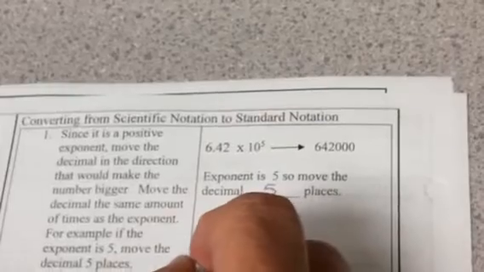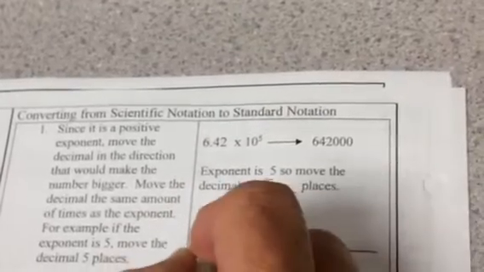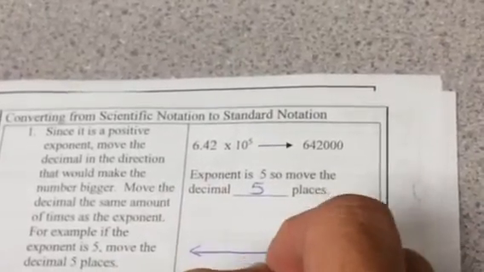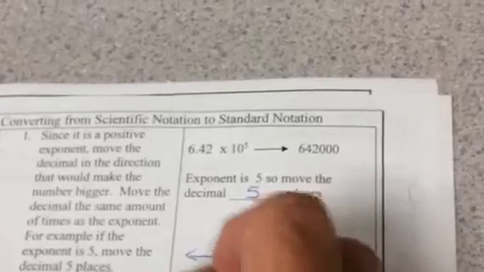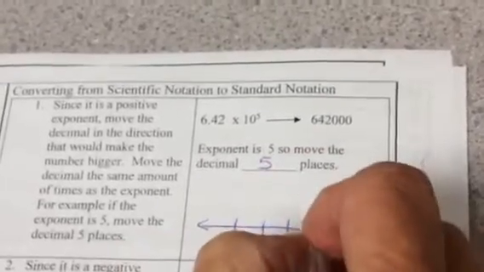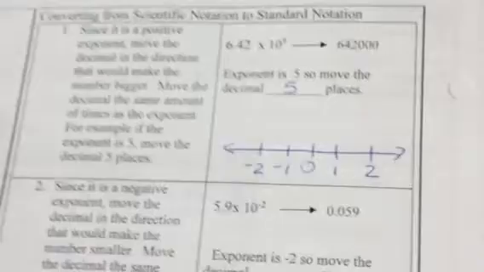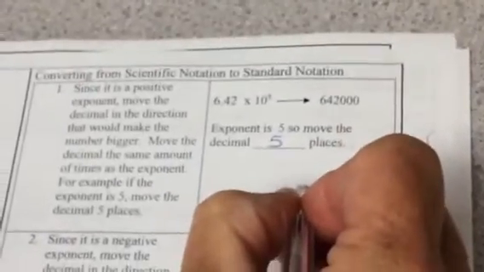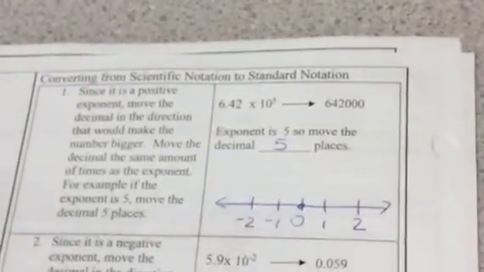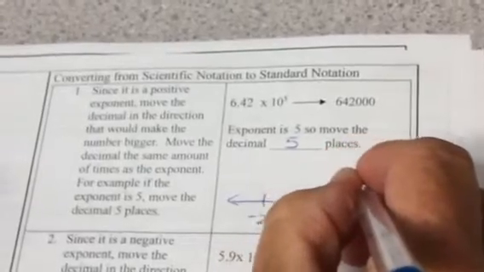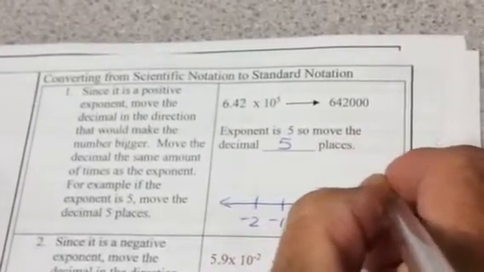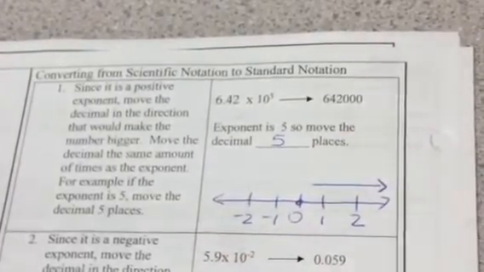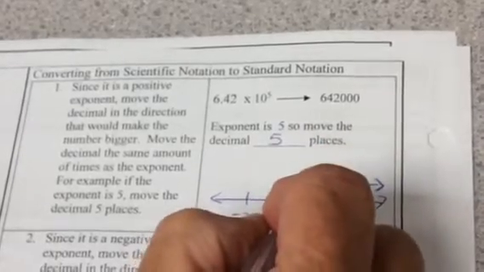Now, if you have a number line, right, and we have 0 here, and we have -1, -2, +1, +2. If I'm starting at 0 here, and I want to get bigger, I would move this direction towards the right. I would move to the right to get bigger. If I want to get smaller, I would move this direction here towards the left.